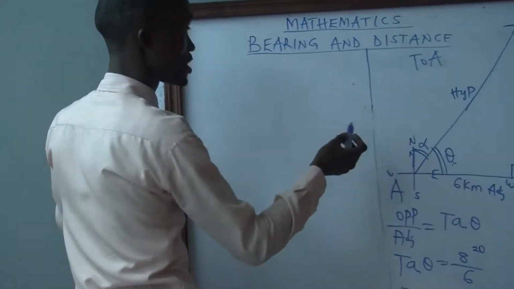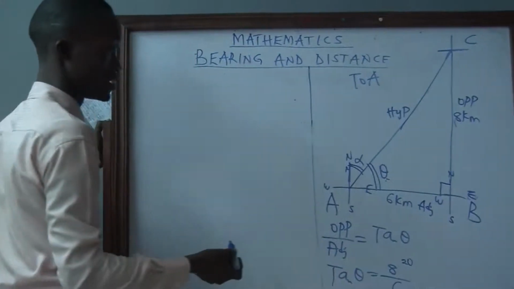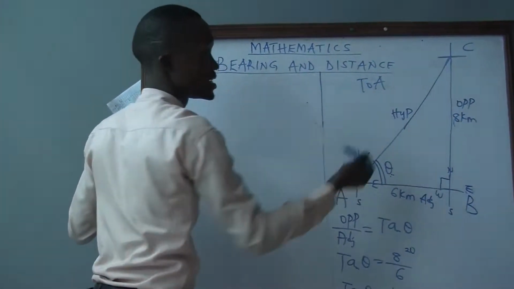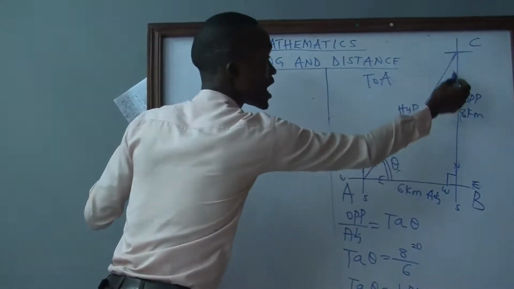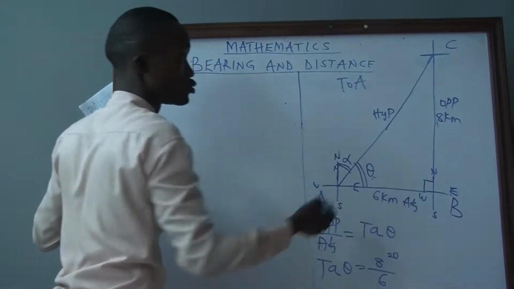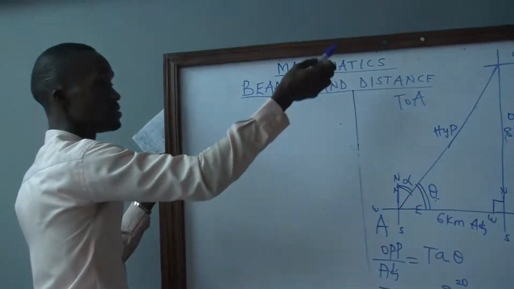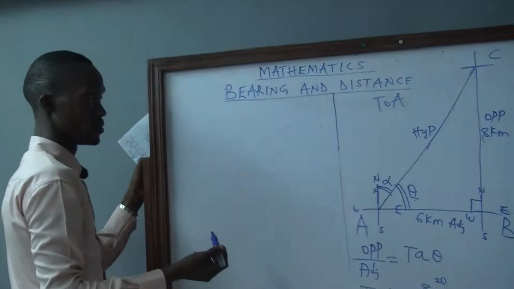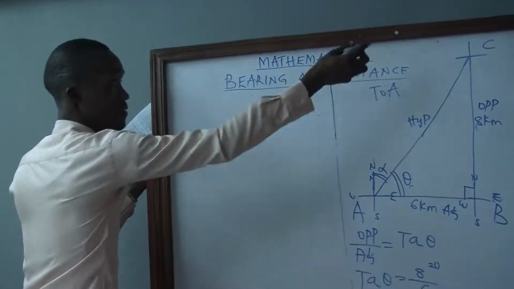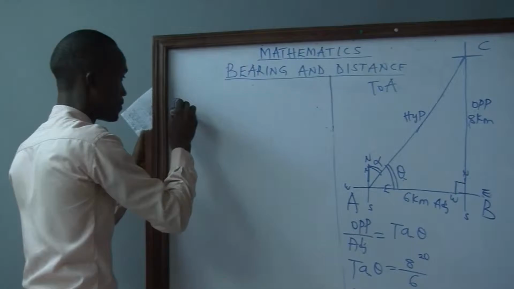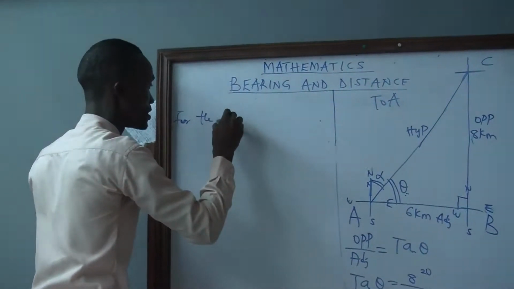The last part of the question is asking us for the distance covered by the man from his former point to his final destination. And the triangle that we have here is a right angle triangle. I was able to explain Pythagoras theorem during our last lesson. From here, we are looking for the hypotenuse, for the distance covered.